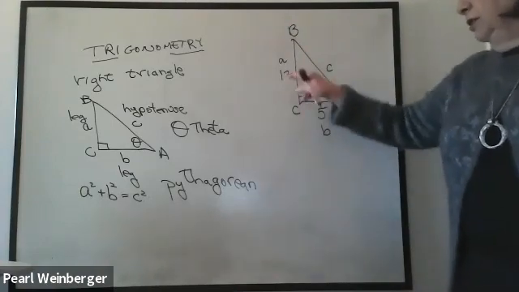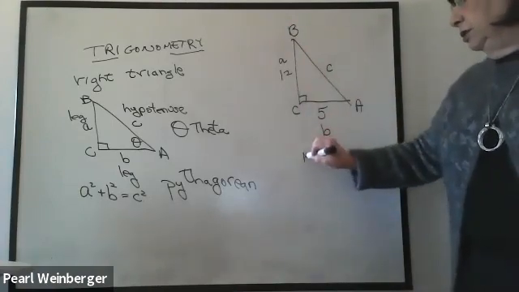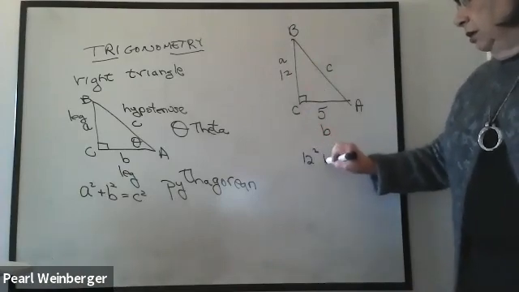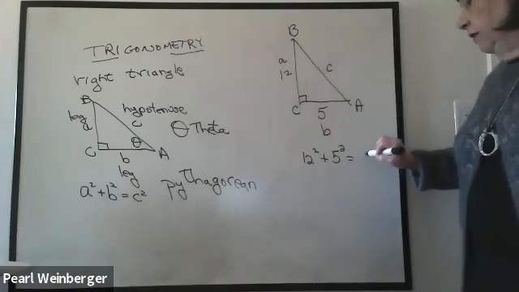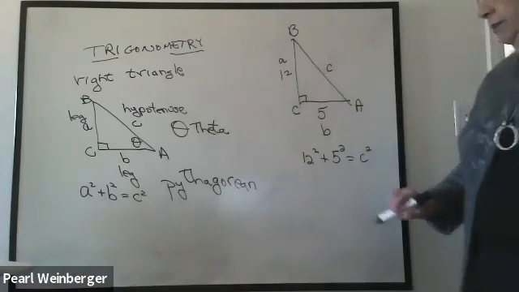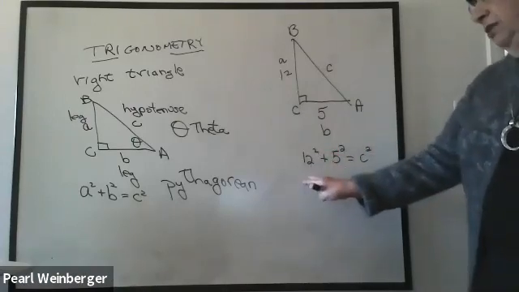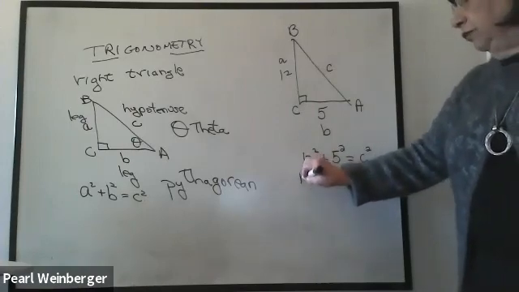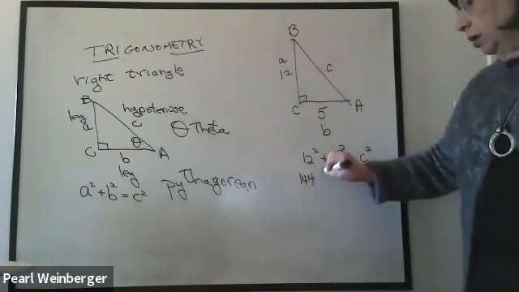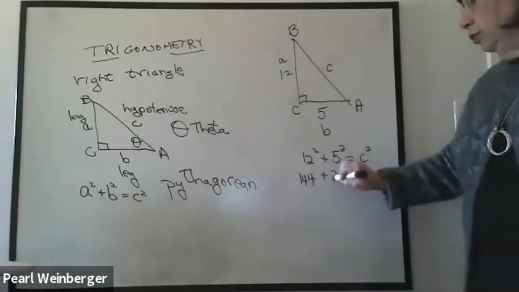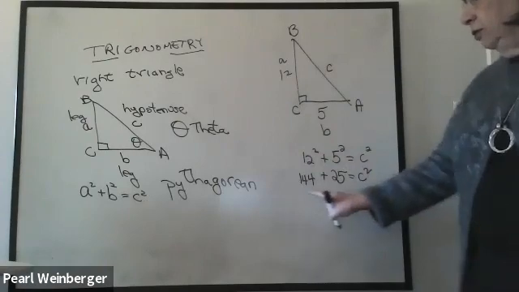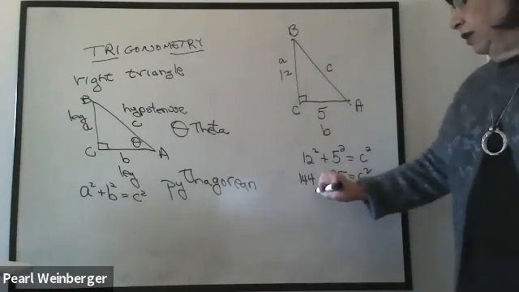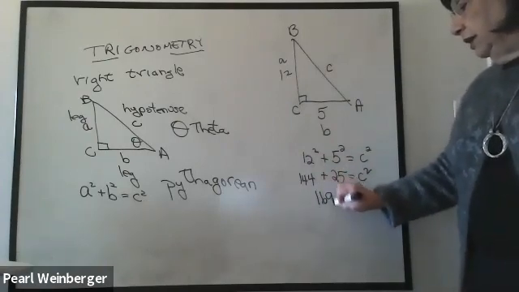Using the Pythagorean theorem, A squared, which is 12 squared, plus B squared, that's 5 squared, will give you C squared. And I work this out. 12 squared is 144. 5 squared is 25. When I add these together, 144 and 25 gives me 169.